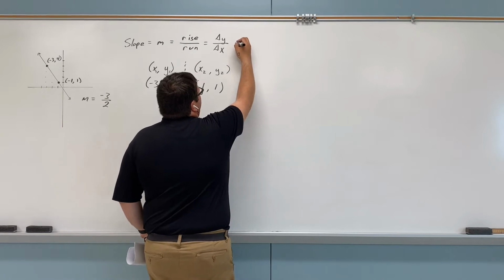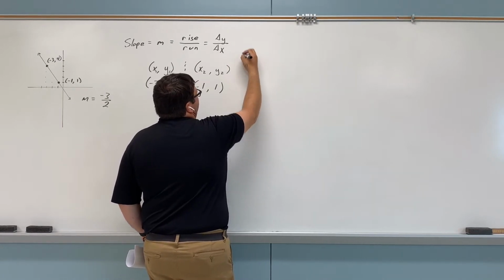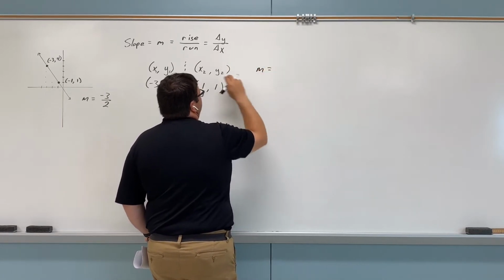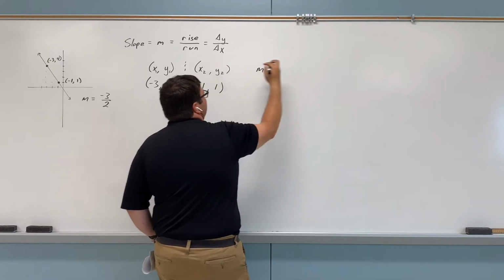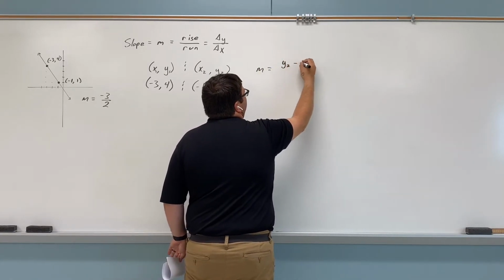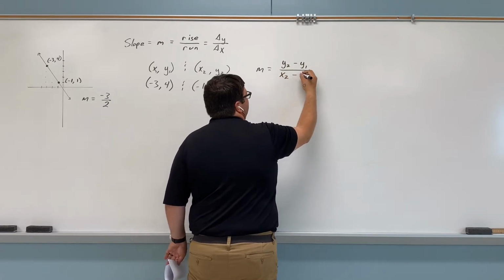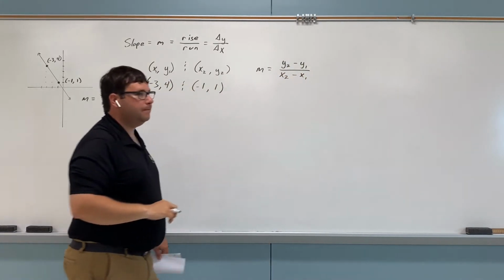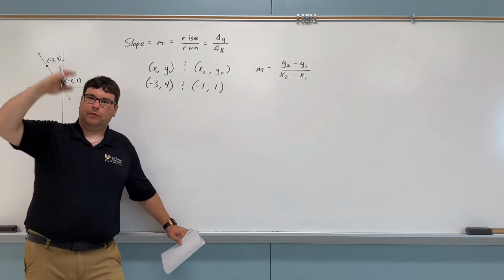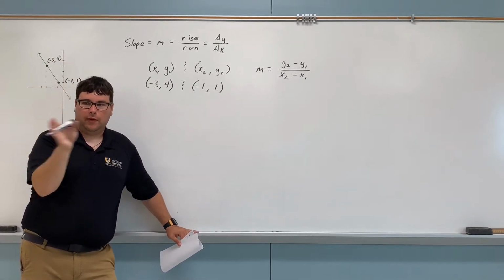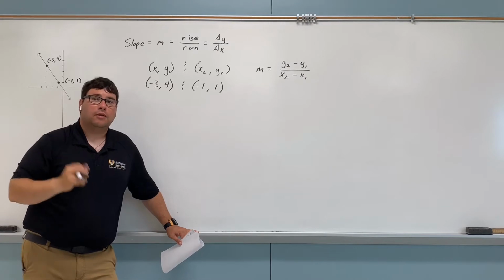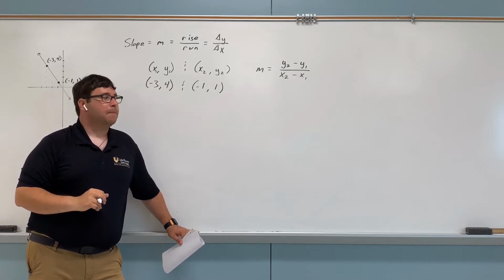We express this mathematically so that our slope, using my 2 point values, is the difference between my 2 y values over the difference between my 2 x values. So it's the difference between the vertical and the difference between the horizontal. Pretty easy in concept, right?